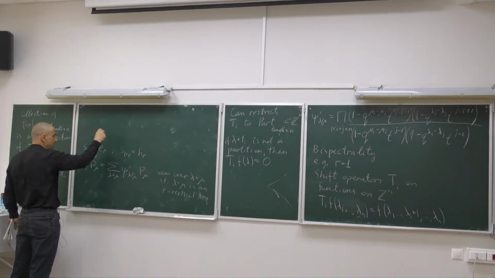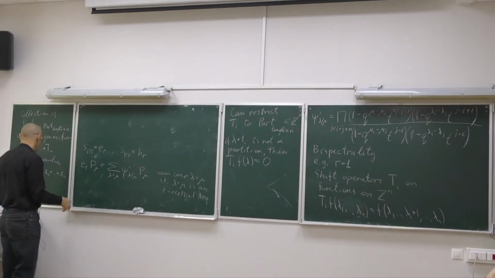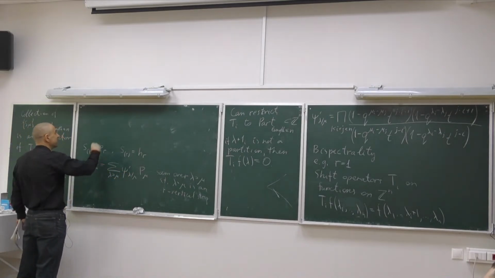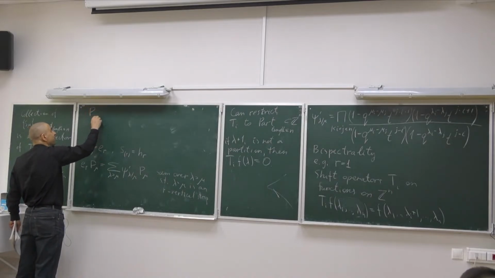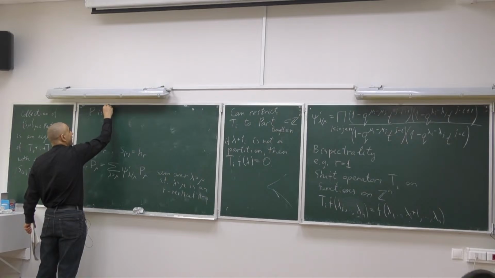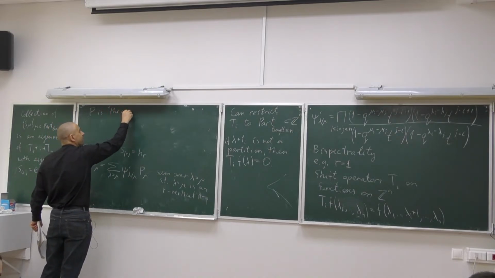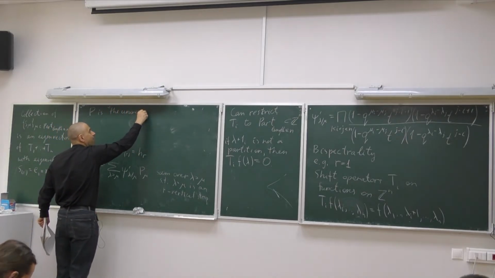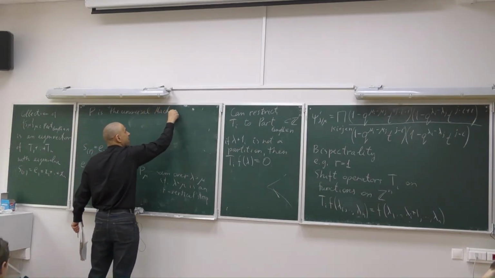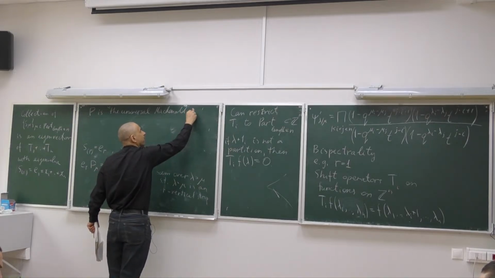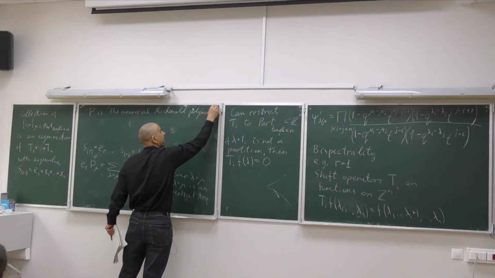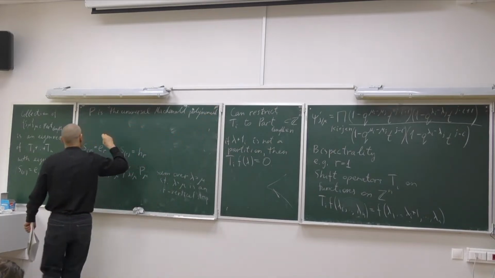So it means that our function, well, the same can be said about Macdonald polynomials. So P is, so to say, the universal Macdonald polynomial.